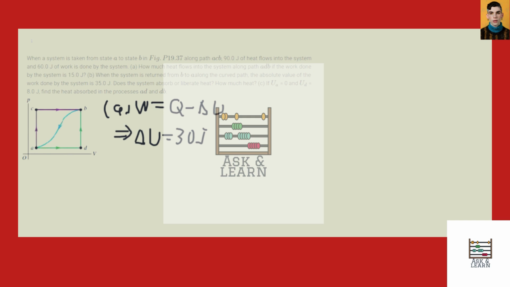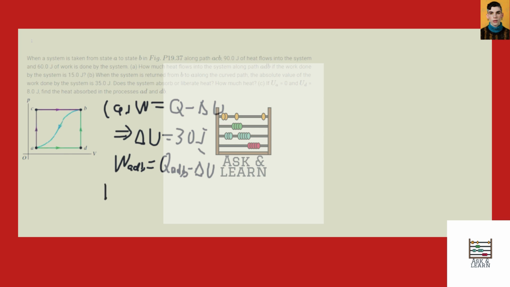For the ADB path, we also have the first thermal law: the work ADB equal to Q ADB minus delta U. This delta U is the same as this one. So the work done by the system is 15 joules.